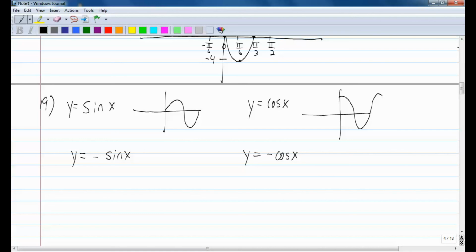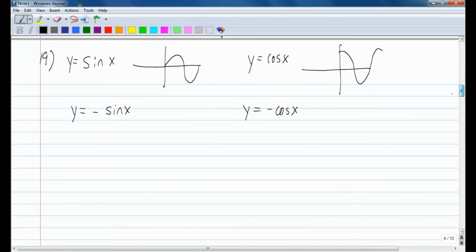Number 20, the last problem on the test, we have 2 sine graphs and 2 cosine graphs. The only difference between this problem and the last problem is we do have to worry about amplitude and period here.